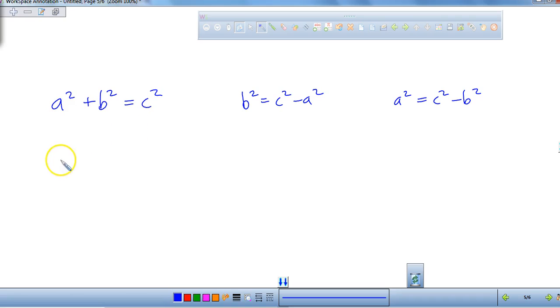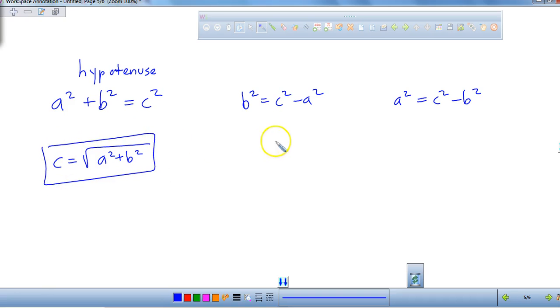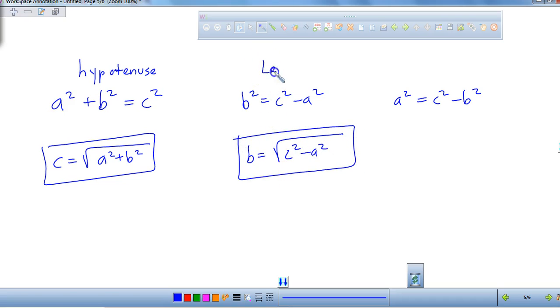If you want to find c, c will always equal the square root of a squared plus b squared. This is the formula you would always use for the hypotenuse. b will always equal the square root of c squared minus a squared. This is if you're trying to find one of the legs.